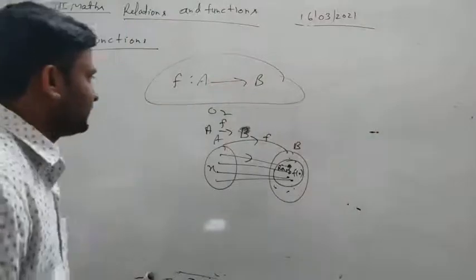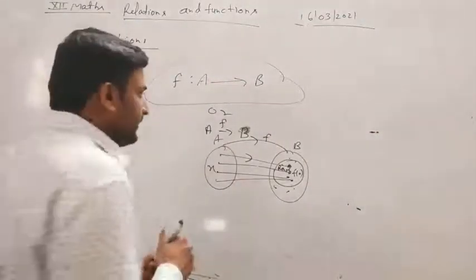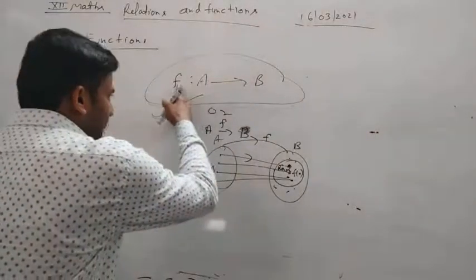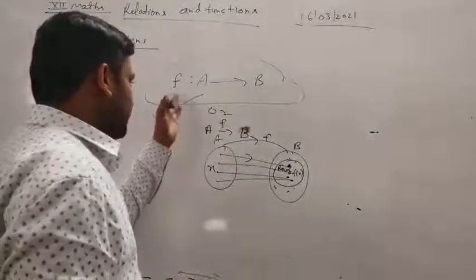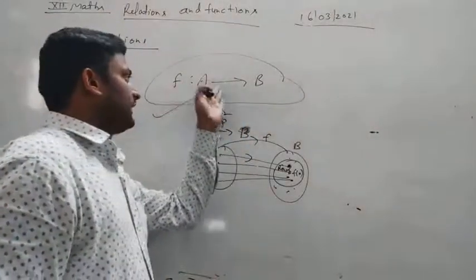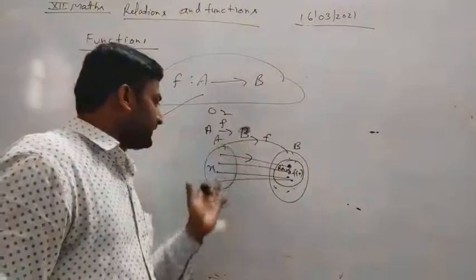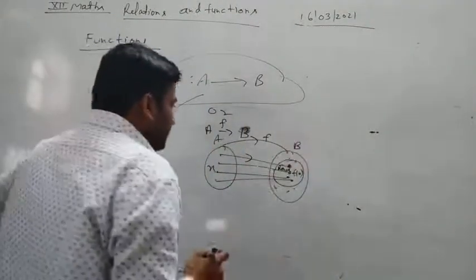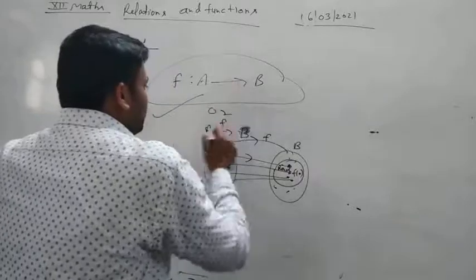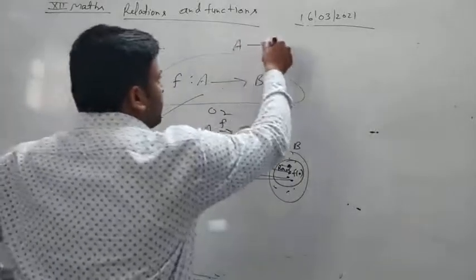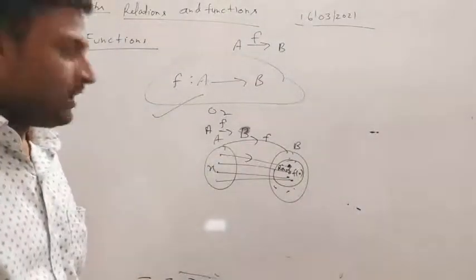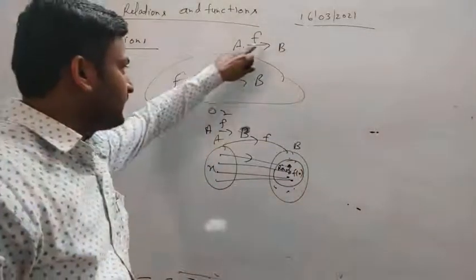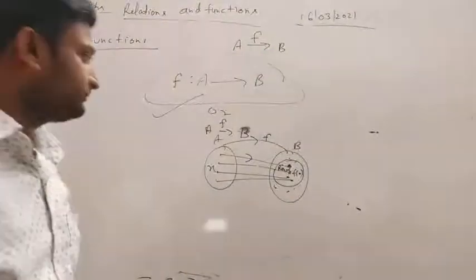A function from set A to set B is represented as f: A → B. This can also be written as A → B by f. It is the same thing.